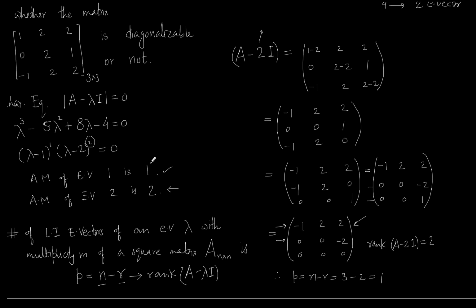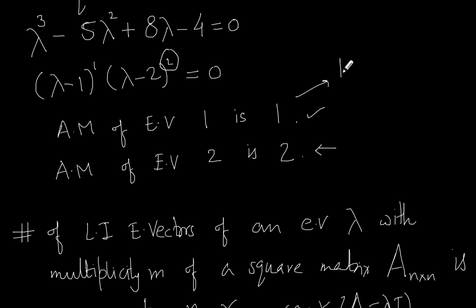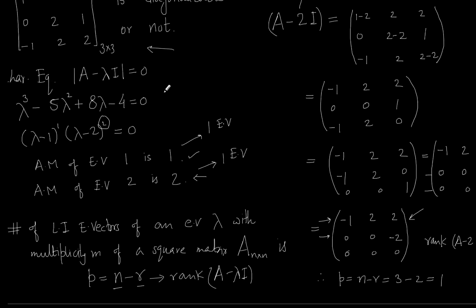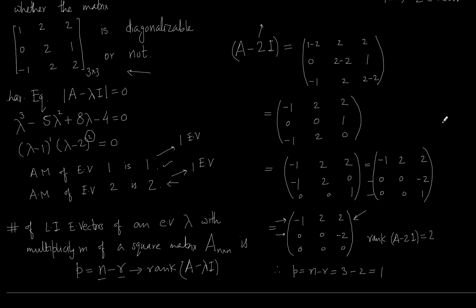Corresponding to eigenvalue 1 we have one eigenvector, and corresponding to eigenvalue 2 again one eigenvector. So in total we have two linearly independent eigenvectors for this matrix. That means this matrix is not diagonalizable, because it is a matrix of order 3 and we do not have three linearly independent eigenvectors.